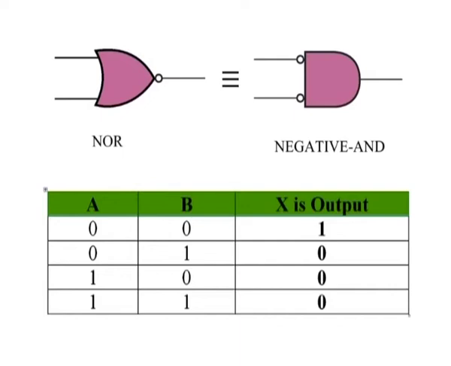The term negative in this context means that the inputs are defined to be in the active or asserted state when low. So, the conclusion is, for a 2 input NOR gate performing a negative AND operation, the output X is high only when both inputs A and B are low.